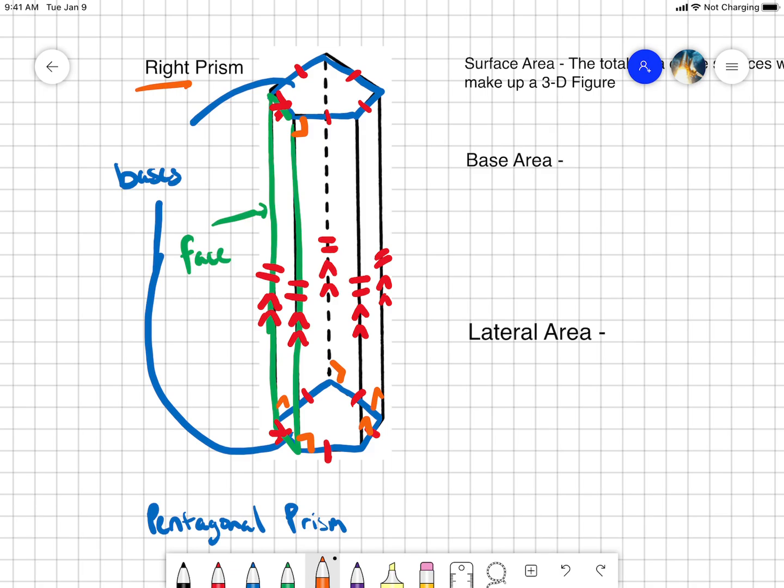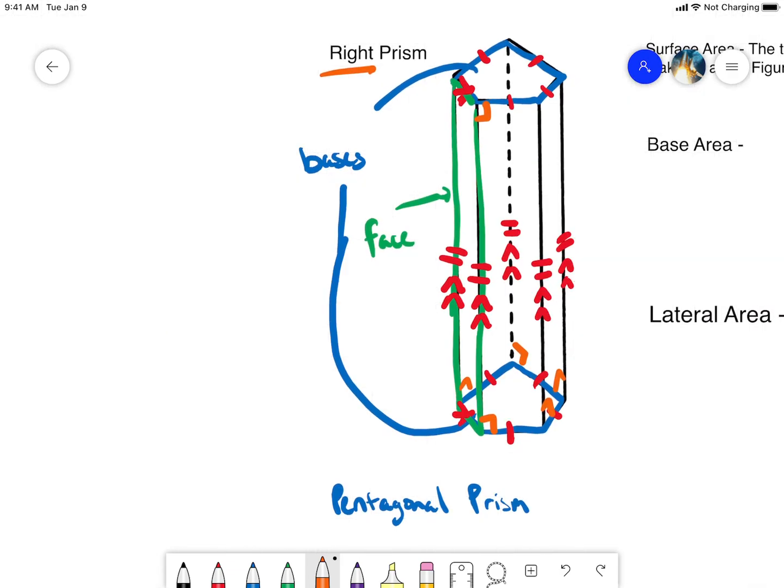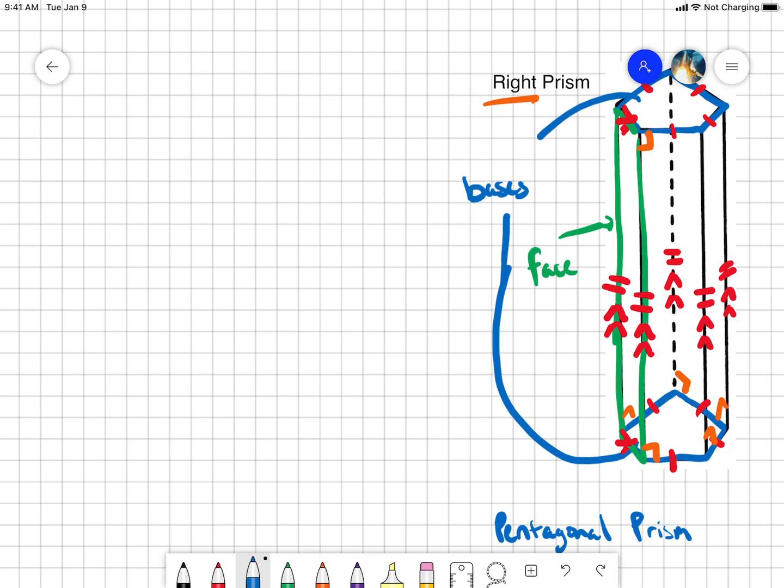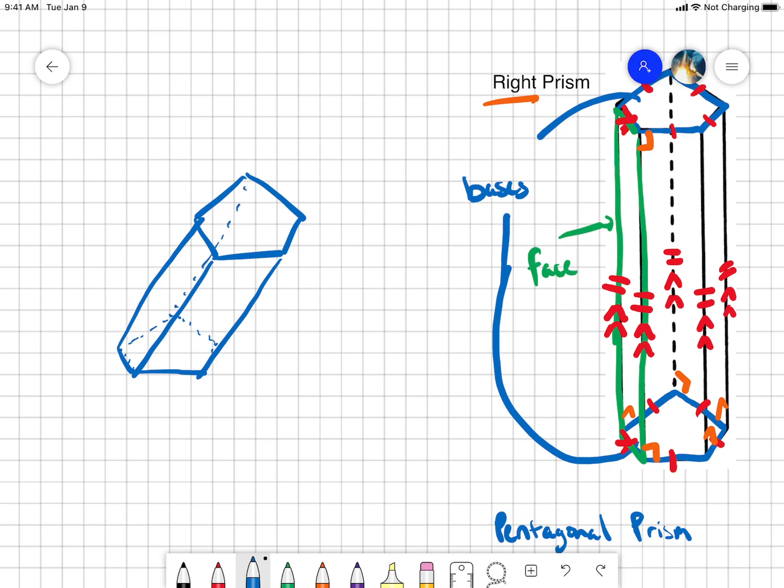Now, I can actually have a shape that maybe looks more like this. I can have a prism that looks like that, and all the same things are still going to apply.